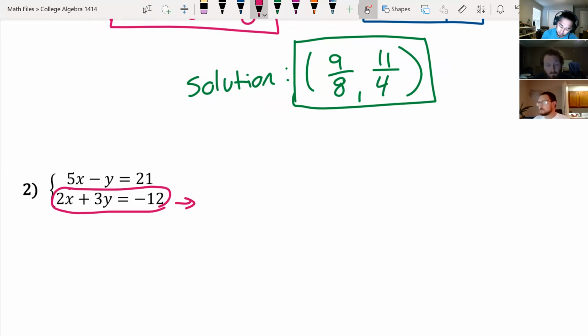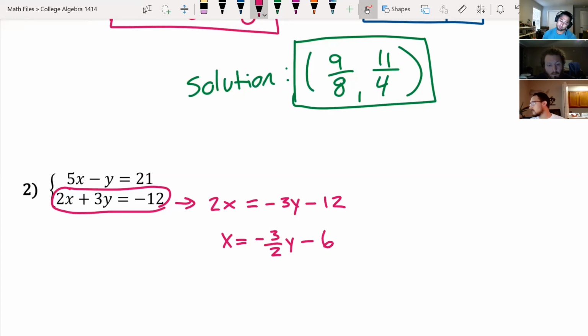If we solve this for x, we'll get 2x is equal to negative 3y minus 12. Divide by 2, and we'll get x equals negative 3/2 y minus 6.